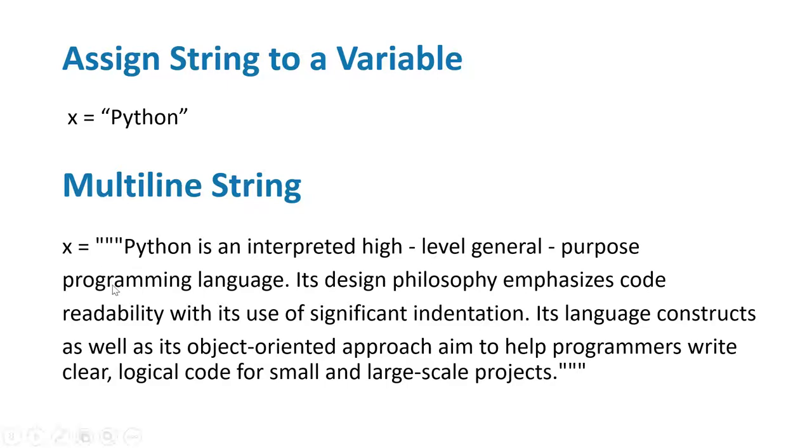In this example, I have enclosed the multiple line string within triple quotes. Here I have defined the quotes three times at the front and back. This way the Python interpreter identifies this as a multi-line string.